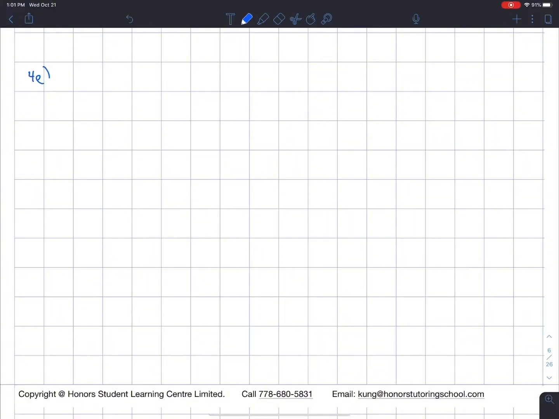For E, 9 and 25. Well, they are not both prime, but I can't really divide them by anything, right? I can't divide both of the numbers by the same number.